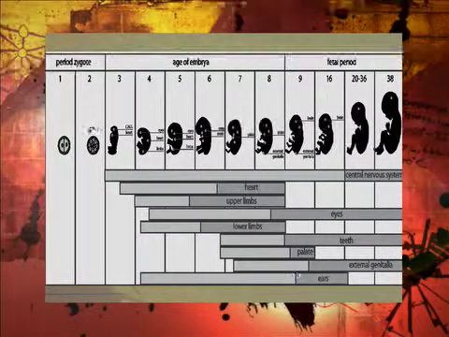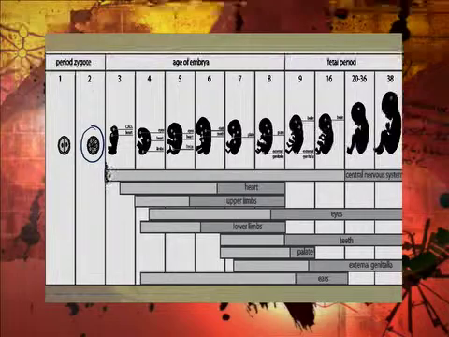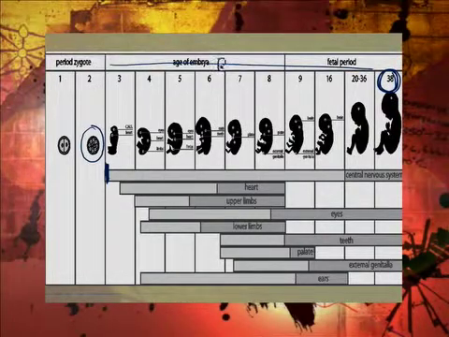Now, here is our morula, and this graph shows us what happens from implantation all the way through to about week 38 of this whole process called pregnancy.